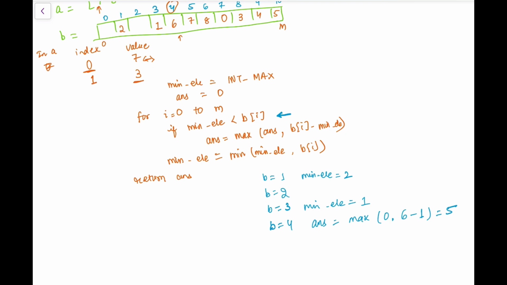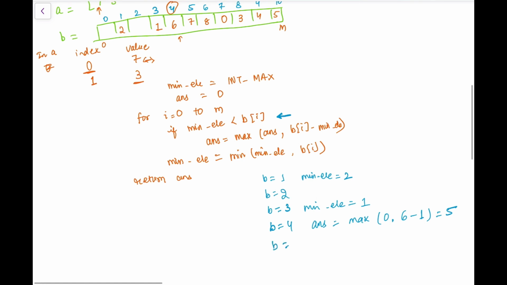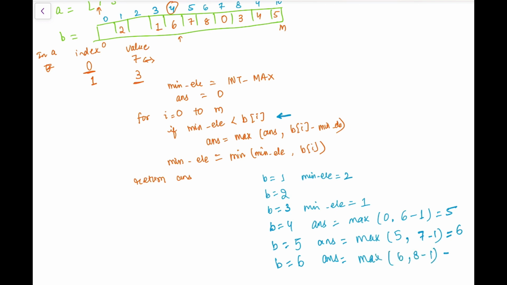And my minimum value will not get updated, because the minimum value was 1, which is already the minimum. At b equal to 5, similarly, answer will be equal to maximum of 5 and 7 minus 1, which will be equal to 6. b equal to 6, answer will be equal to maximum of 6 comma 8 minus 1, which will be equal to 7.